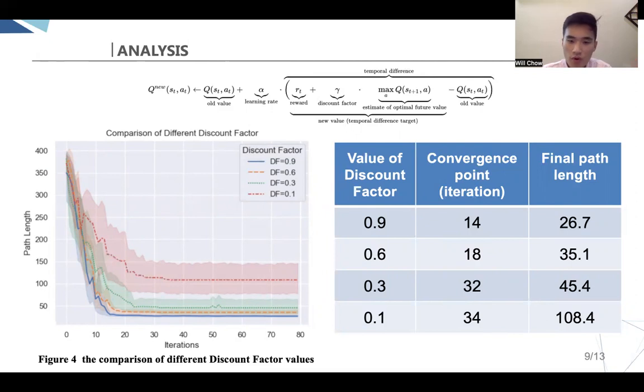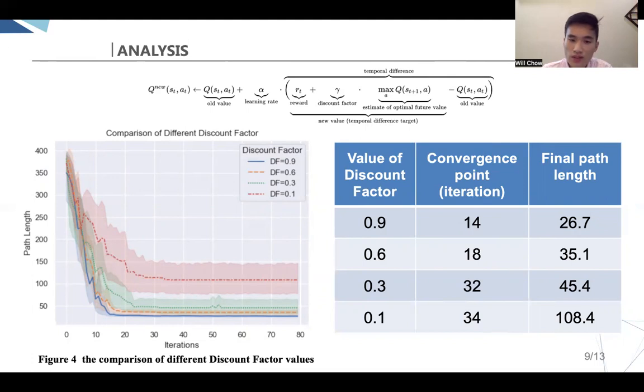In figure 4, we set the learning rate equal to 0.9 as invariant, and the independent variable is the discount factor. We compare the data when the discount factor equals 0.1, 0.3, 0.6, and 0.9. The result shows that as the discount factor increases, not only can the agent find the shortest path earlier, but also the final path length is shorter.